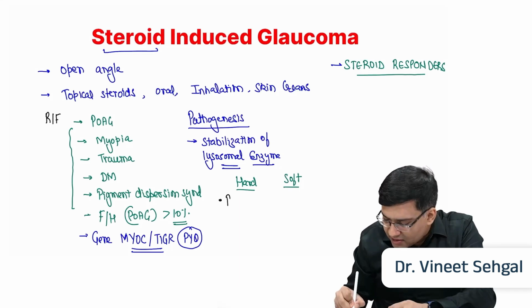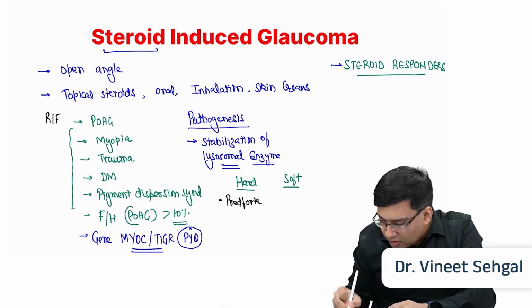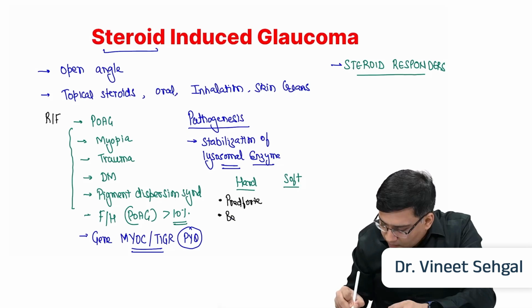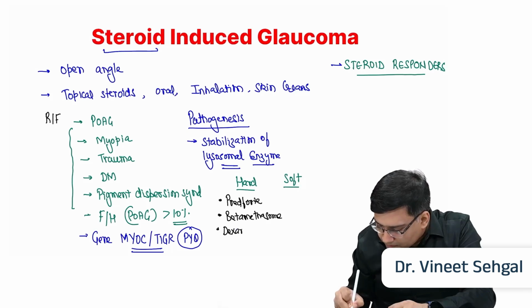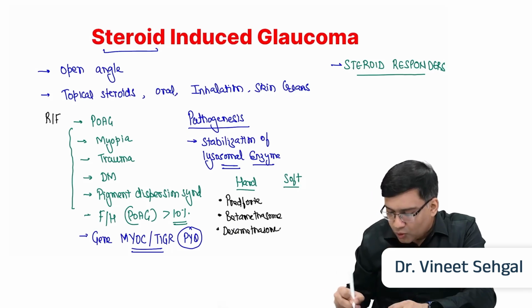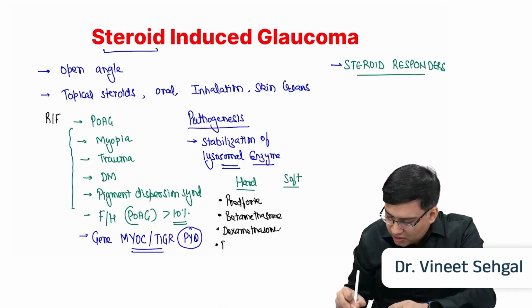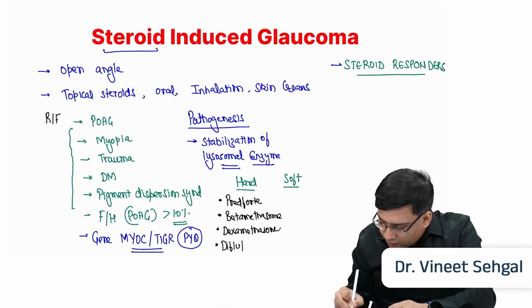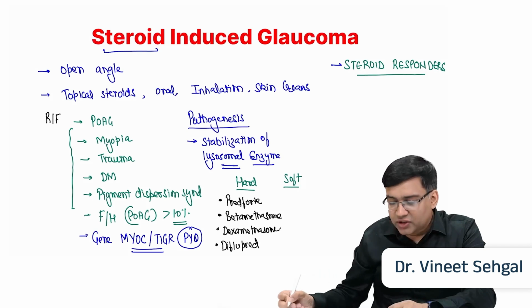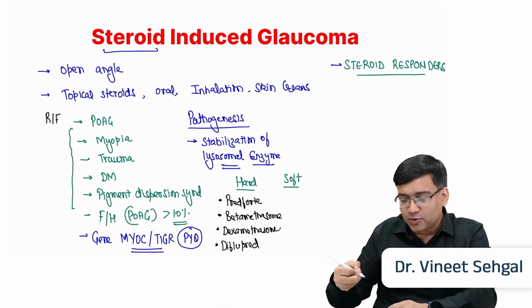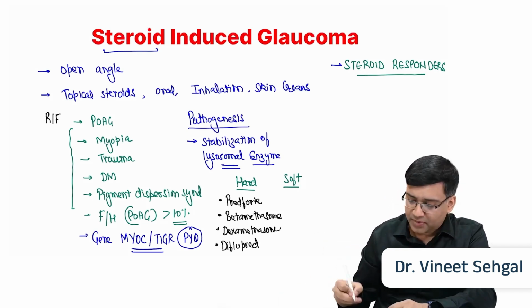Hard steroids are steroids like prednisolone, betamethasone, dexamethasone, okay, even difluprednate. So these all are having high predisposition to cause increased intraocular pressure.